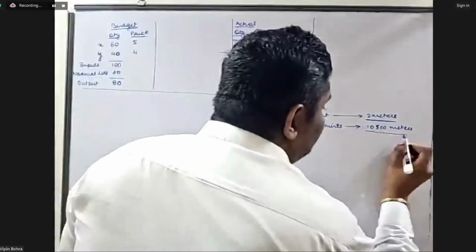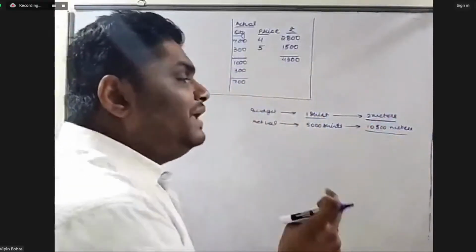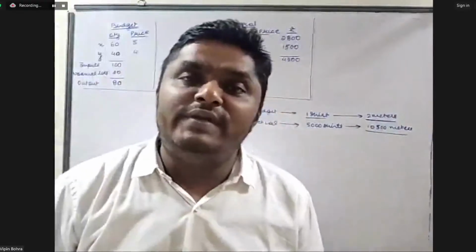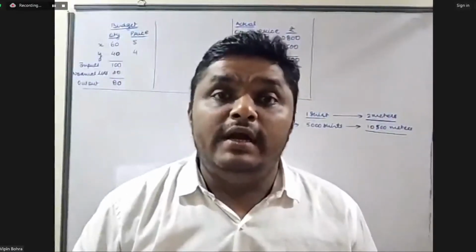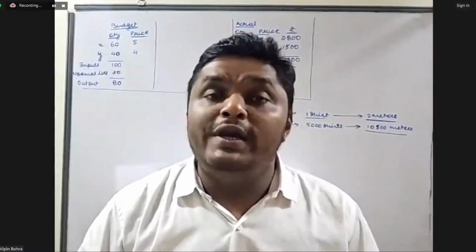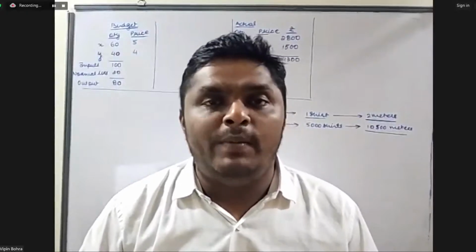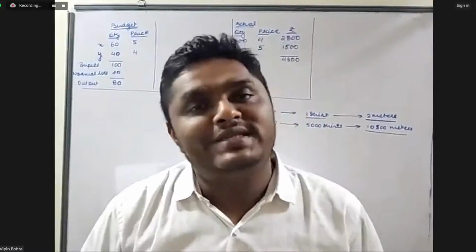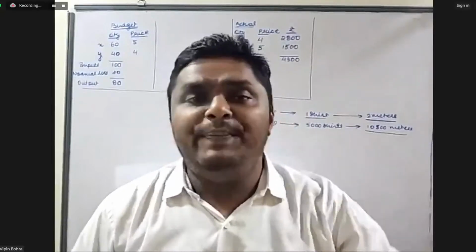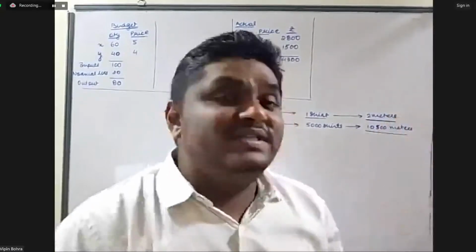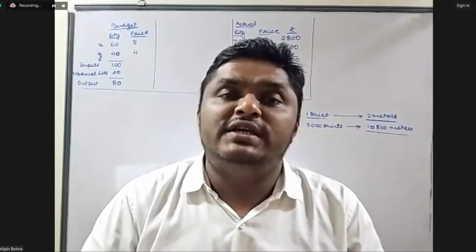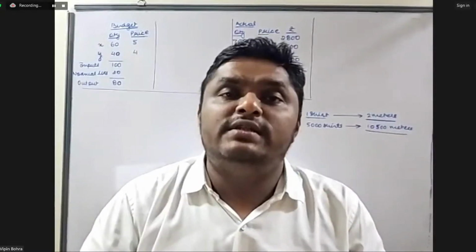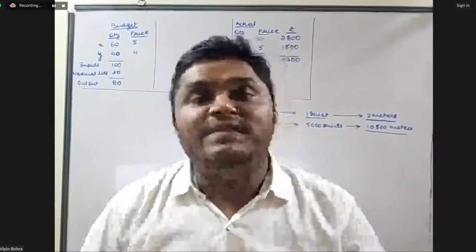So my question is, can we compare 2 meters with 10,500 meters? Can we say that we were supposed to use only 2 meters of the raw material, but we actually used 10,500 meters? क्या हम लोग ऐसा कह सकते हैं? Again, I repeat, can we say कि हमें सिर्फ 2 meters use करना चाहिए? Can we say this statement?